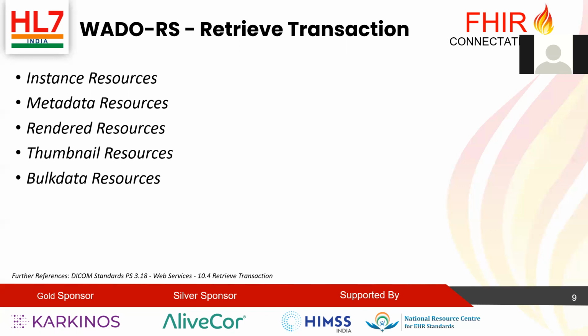Instead of the DICOM object, it will retrieve a PNG file or JPEG file for us, as defined in the URL. I'll explain in the coming sections. If I want to get a thumbnail of the image, I can use the thumbnail resource. If I want to bulk retrieve the data, I can use the bulk data resource. In this session, we are going to see only these three things, which are of more interest for our Firetrack.